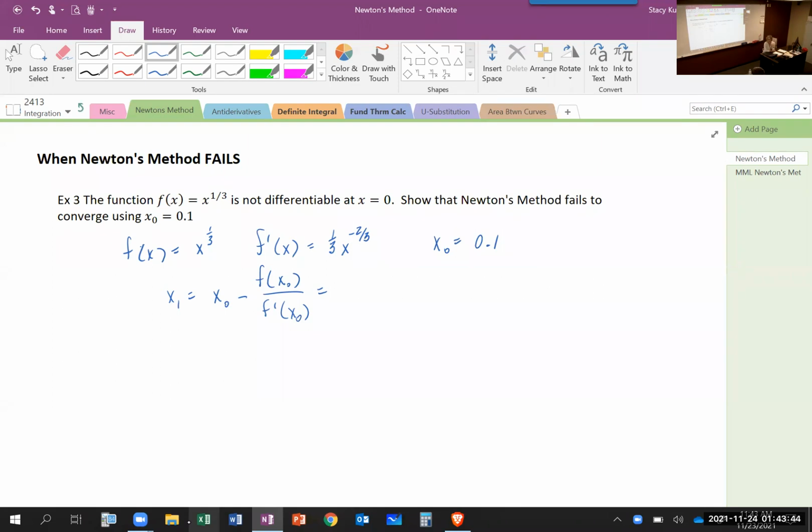I got negative 0.2? That's what you want, negative 0.2, okay? So we get negative 0.2. So now let's use negative 0.2. And what do you get?